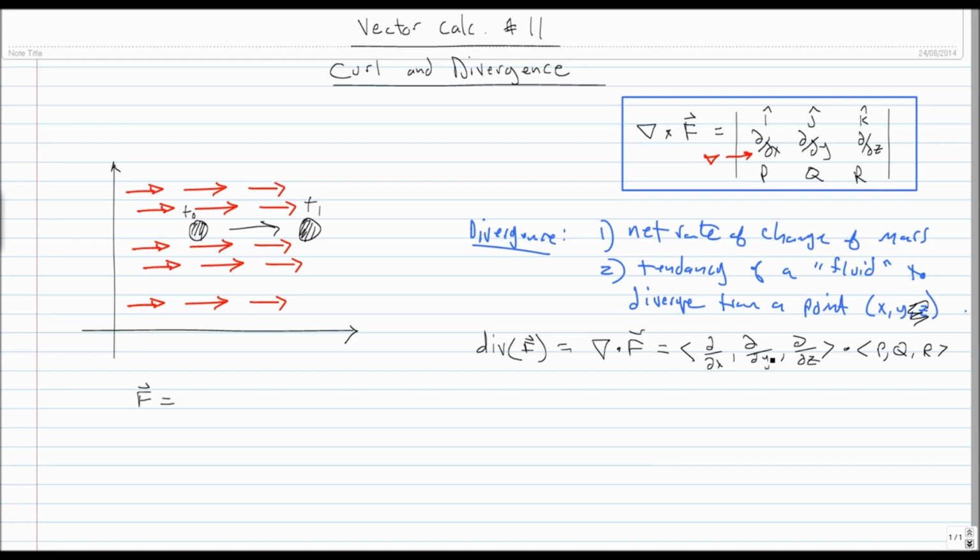Obviously, if your vector field was of n dimensions, then this del operator would be partial x1 as the first component, partial x2 as the second component, dot dot dot, partial x sub n for the nth component of the vector.